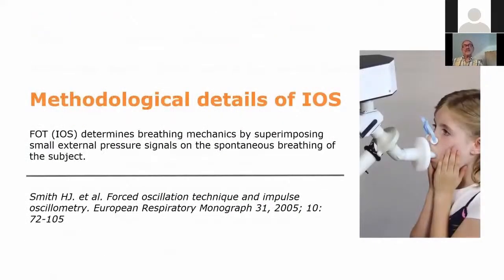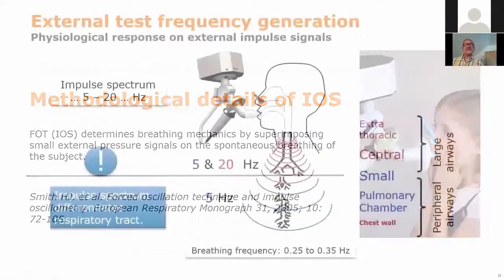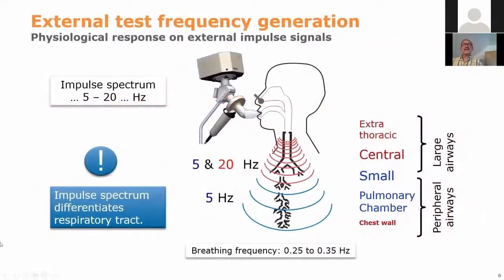So some details about the oscillometry, and this should show you why it is possible to differentiate the lung in extrathoracic, central, small, and the pulmonary chamber, and also a little bit the chest wall. If you have the patient adapted to the measuring head, this measuring head applies a spectrum of frequencies.